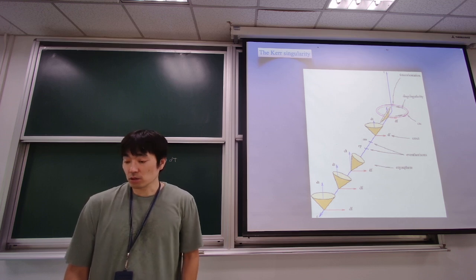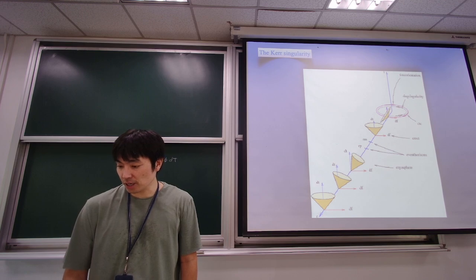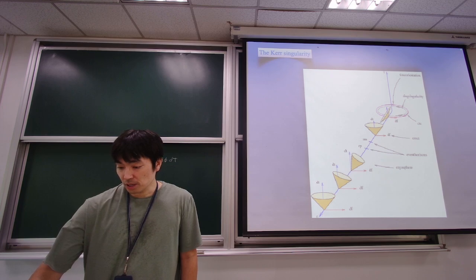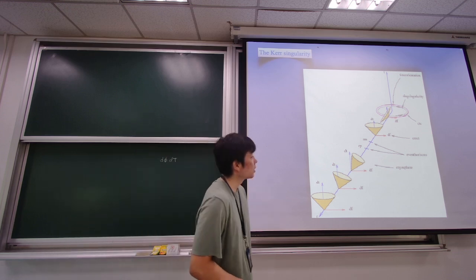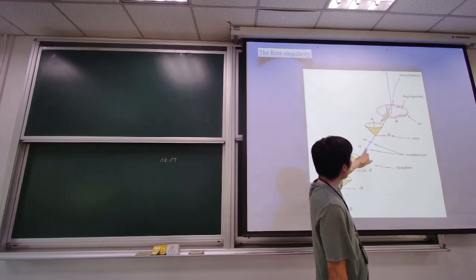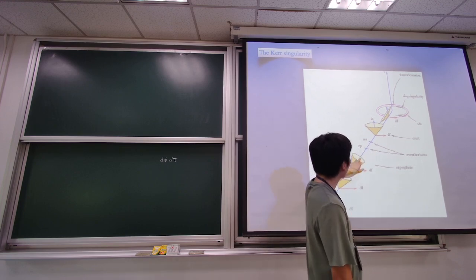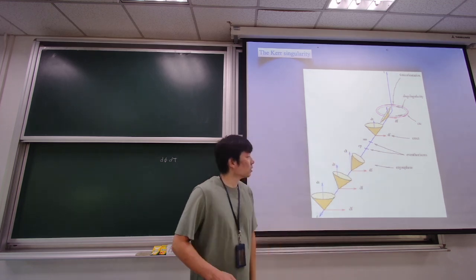Okay, so this is the causal structure of the Kerr singularity. Here, r_+ is the outer horizon, r_- is the inner horizon, here the ergosphere, and so on.